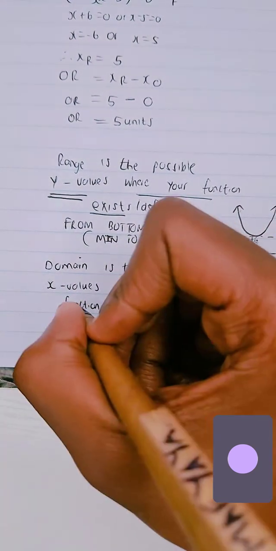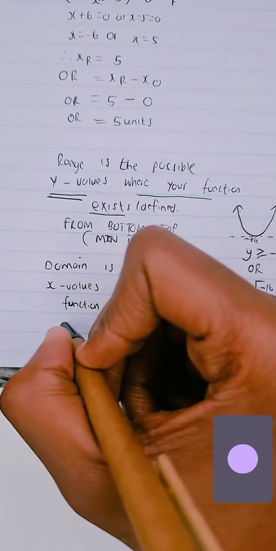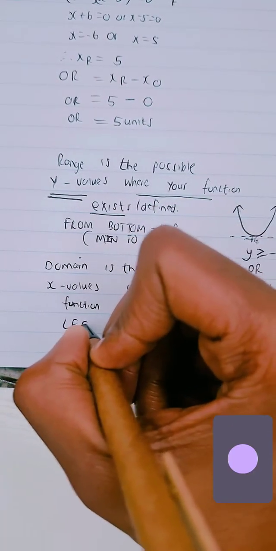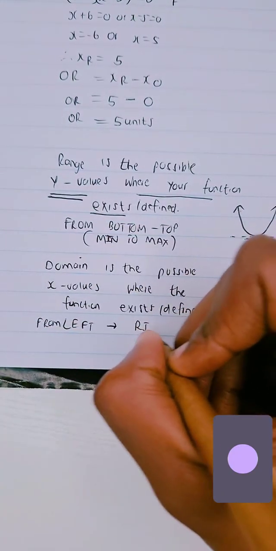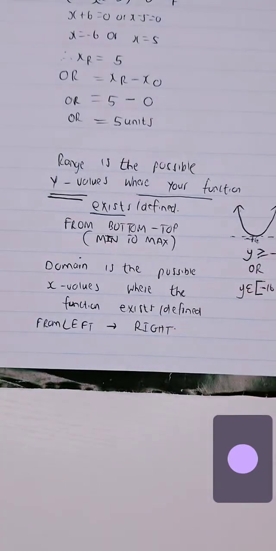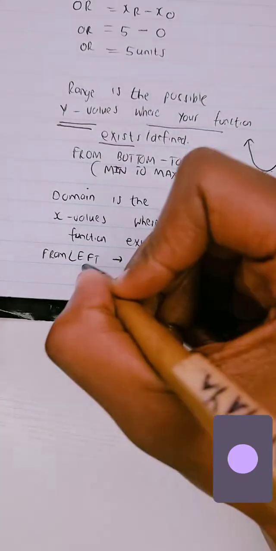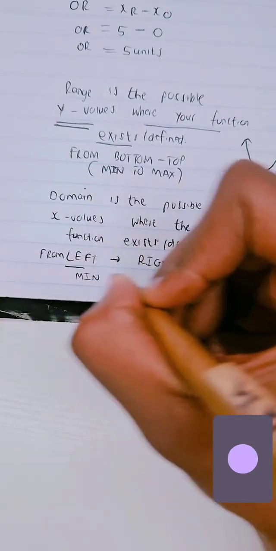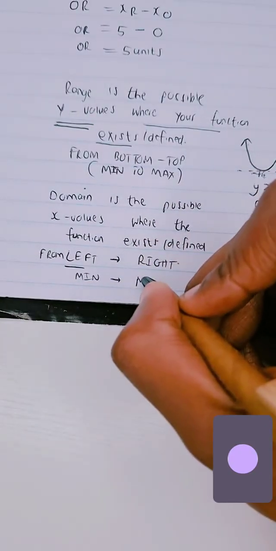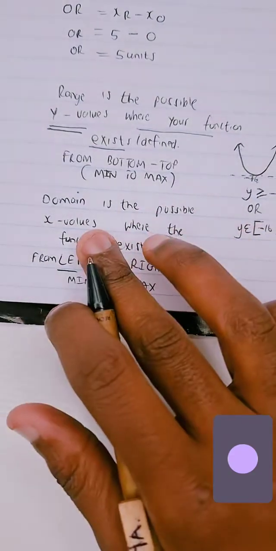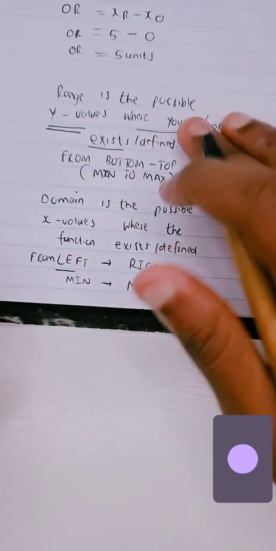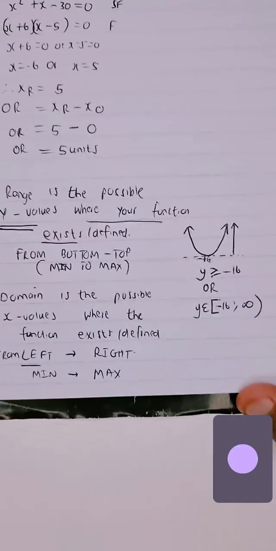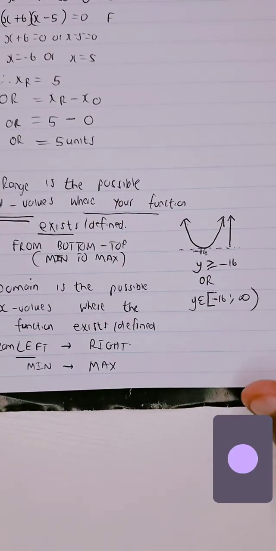This time round, we don't look from the bottom to the top, but from the left to the right, because your left values are your minimum values and your right values are your max. So the min to max of domain is left to right, but the min to max of range is bottom to top. Started from the bottom, now we're here.